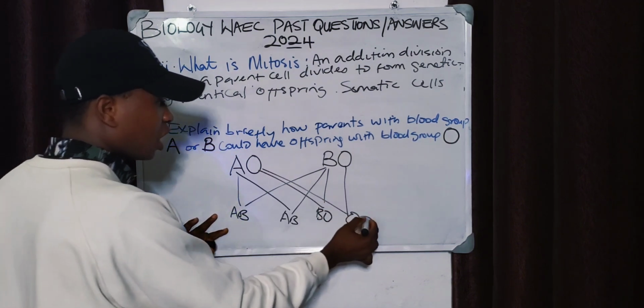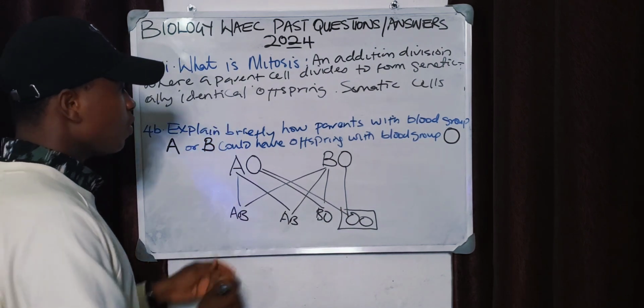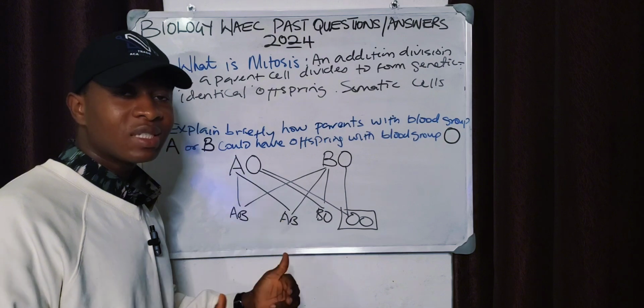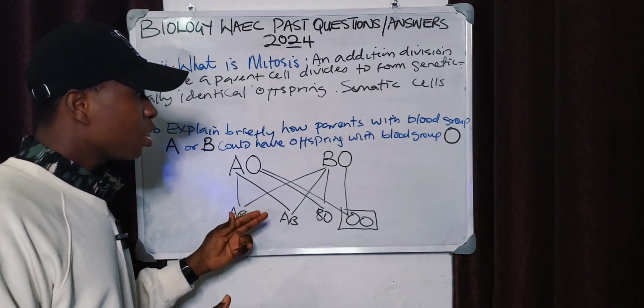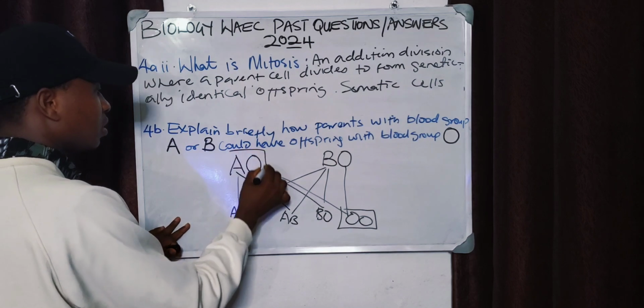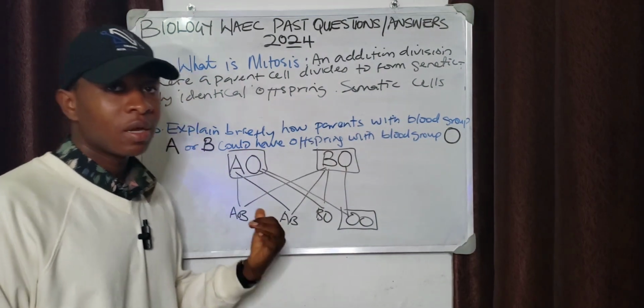Okay, so it will only be possible to have an O child if the parents carry the O recessive gene, if the O allele is present in their genes. So that's the explanation for that question.